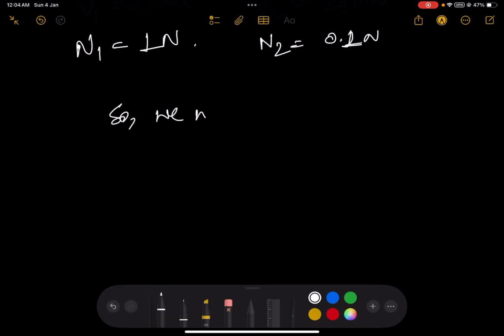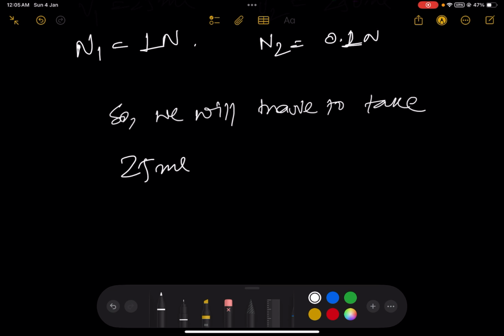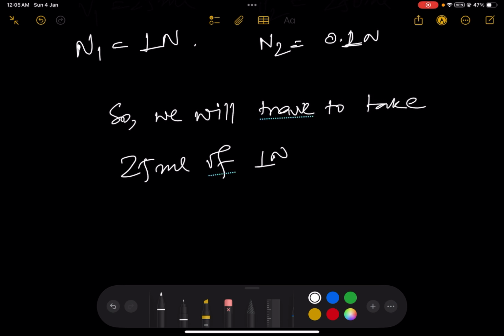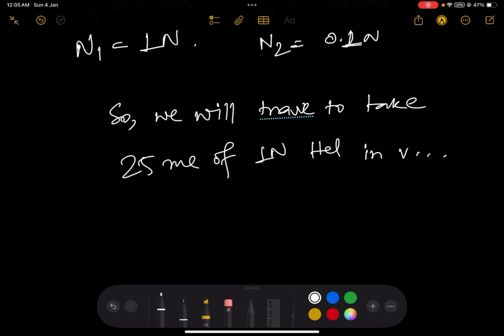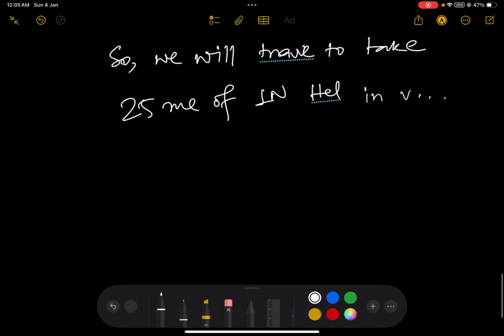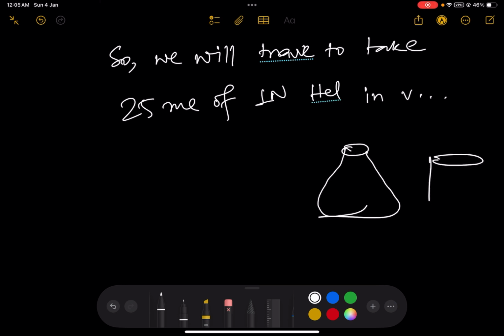We will have to take 25 ml of 1 normal HCl in a volumetric flask. Okay, so a volumetric flask looks like this, or you can take a beaker also.